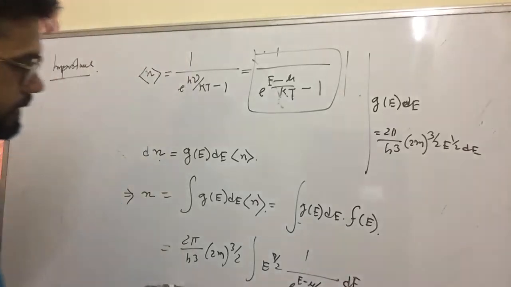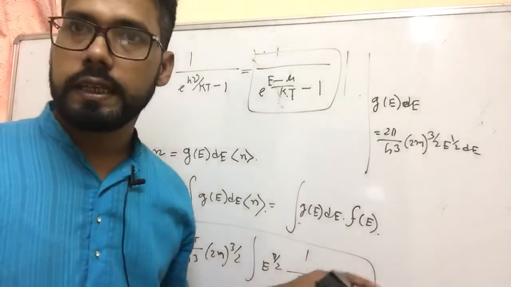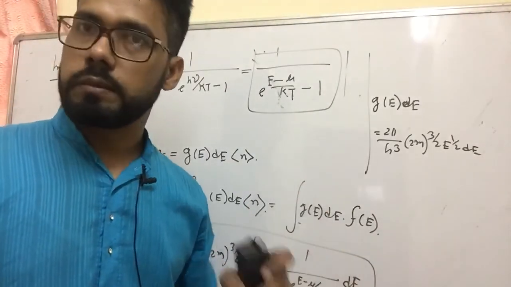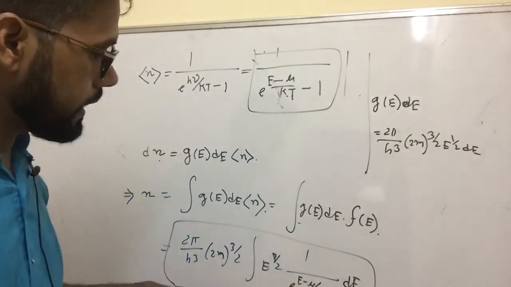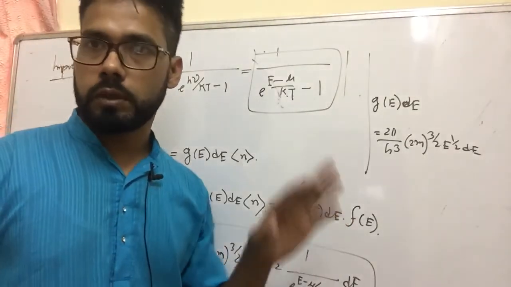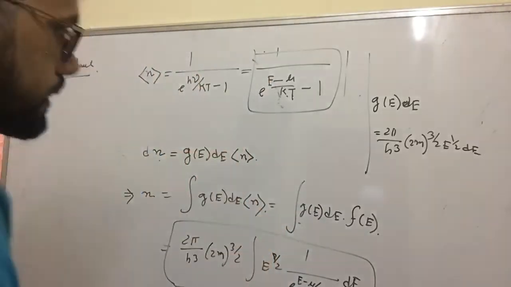Now if you do the integral, then you will get the total number of carriers or electrons in the semiconductor. And similarly you can calculate the total number of holes in the semiconductor. That's why the density of state is simple.